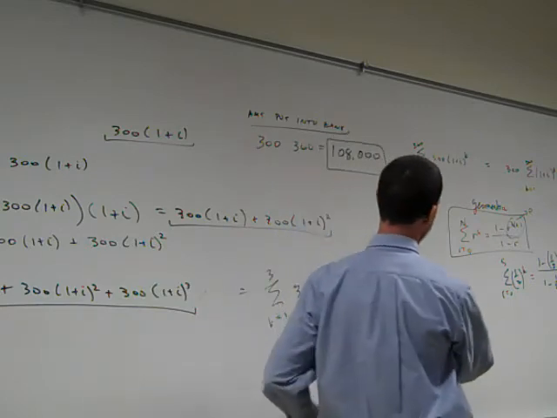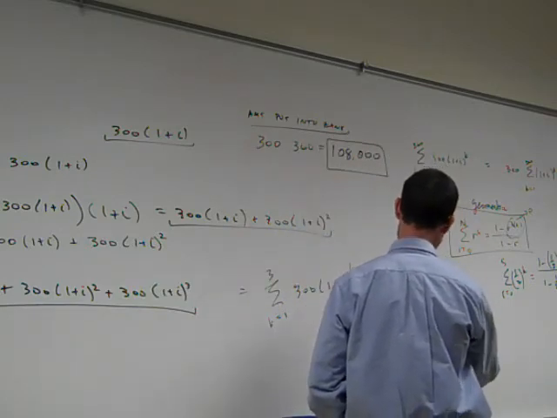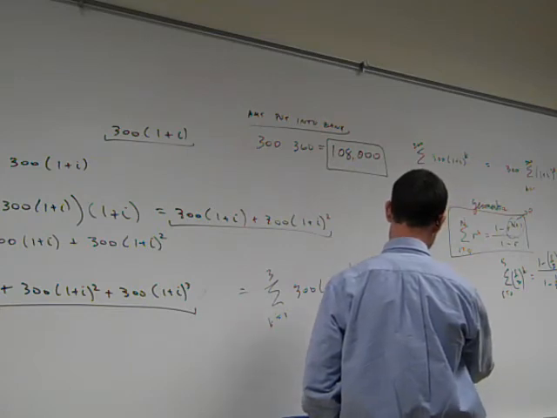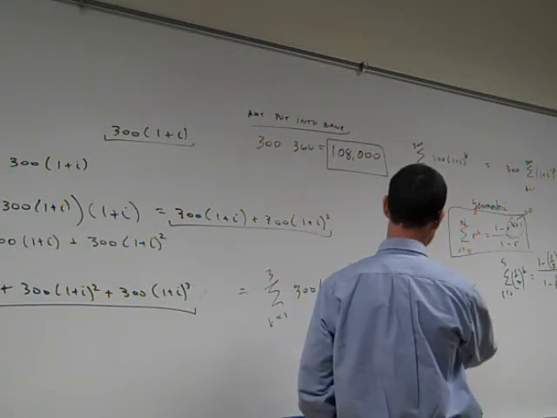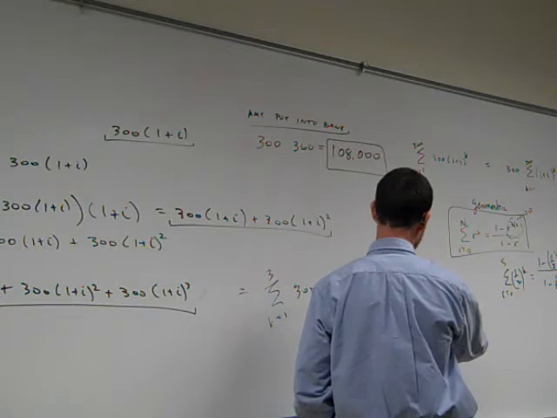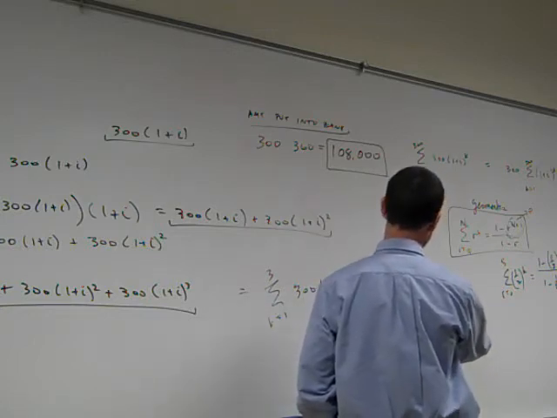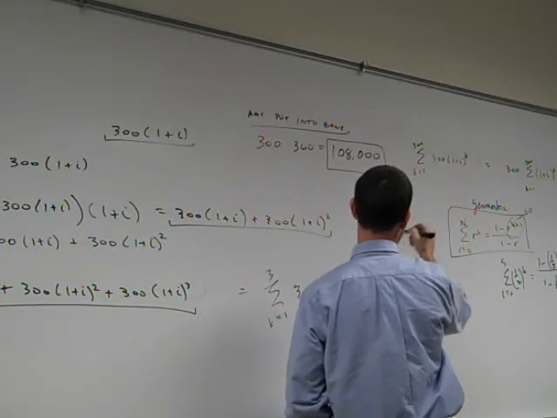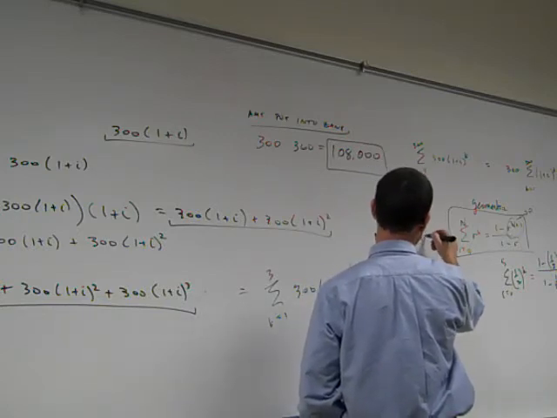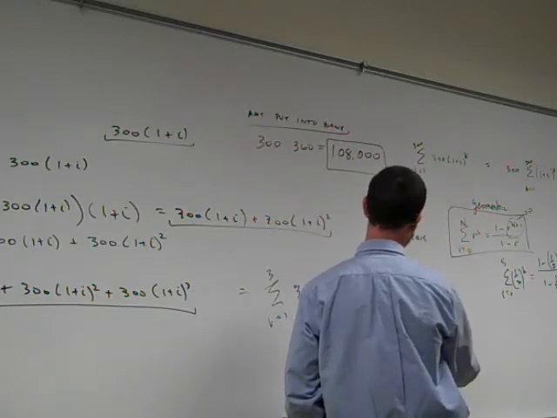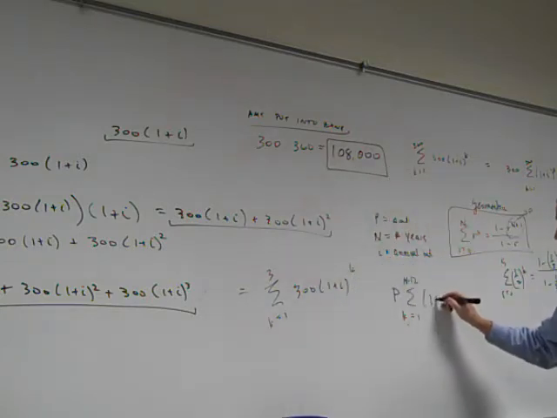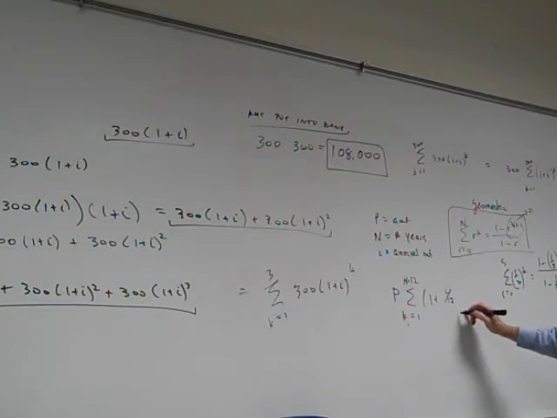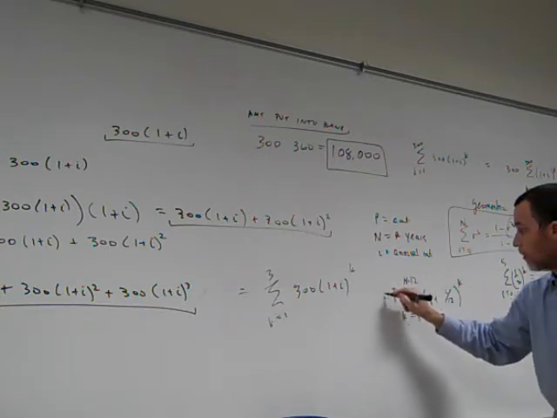Now, summarizing this formula, what you figured out is P times the sum from K equals 1 to number of years times 12, where P equals amount, N equals number of years, I equals annual interest, times 1 plus I divided by 12, equals the total amount.